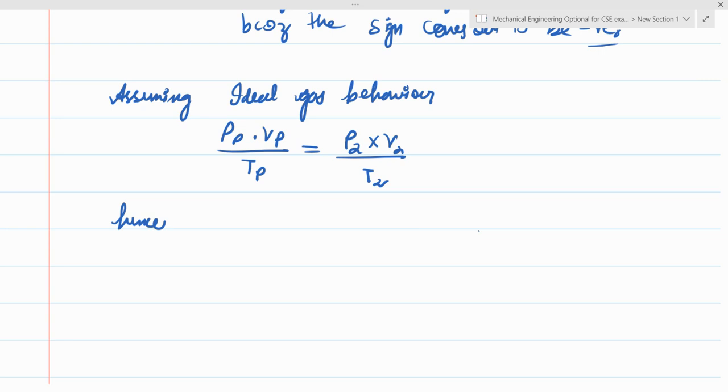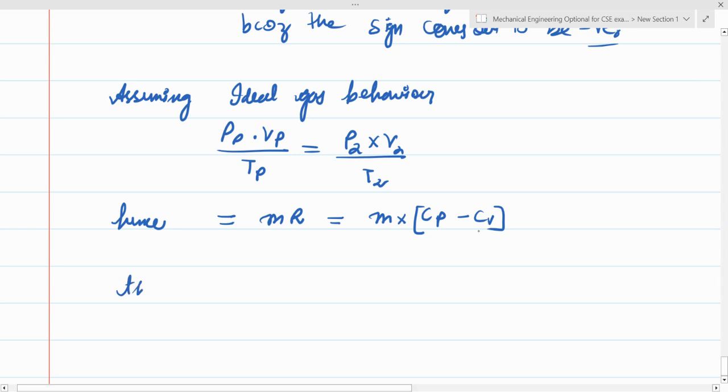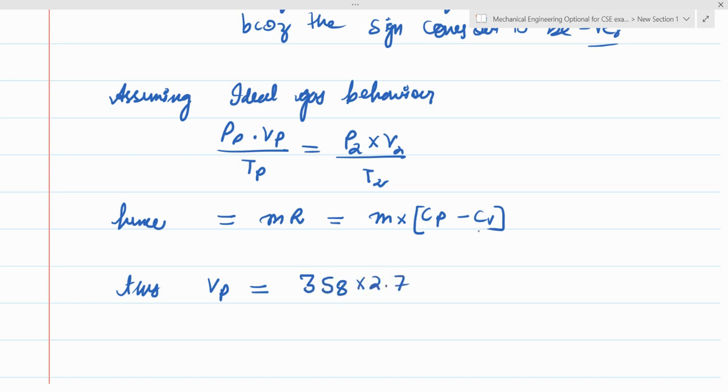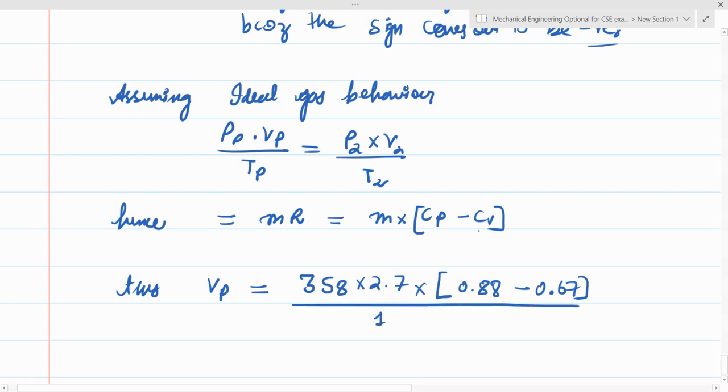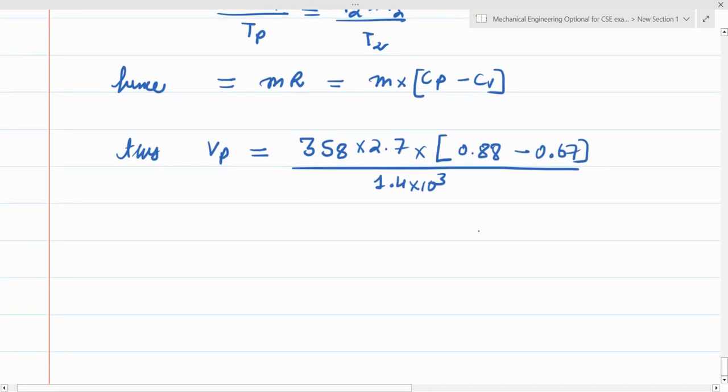Hence, with R equal to Cp minus Cv, Vp, that is volume, comes out to be 358 into 2.7 into (0.88 minus 0.67) divided by 1.4 into 10 to the power 3, which comes out to be 0.145 meter cube.